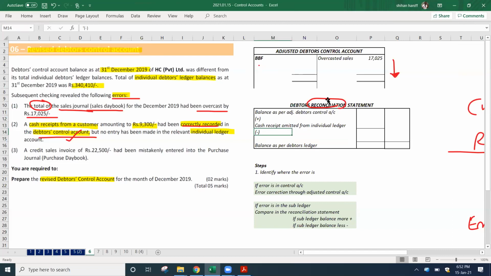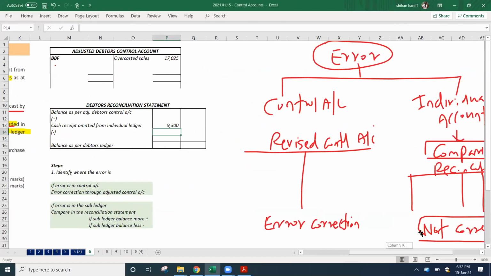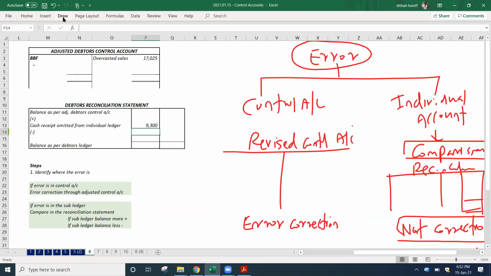Cash received omitted from individual ledger. It is a plus 9,300. 9,300. Let me repeat it again. Now it's like this. Okay.